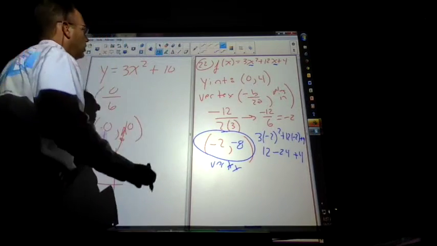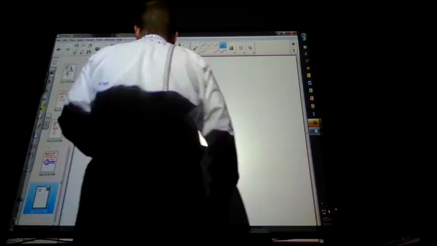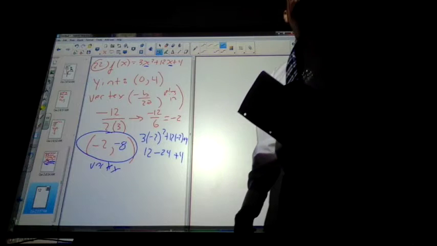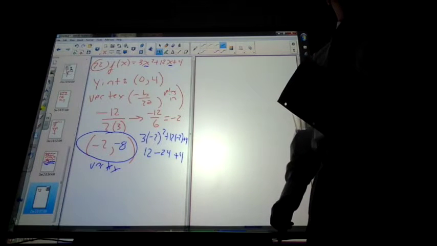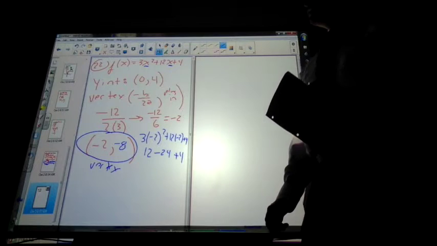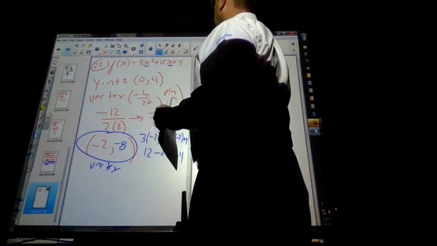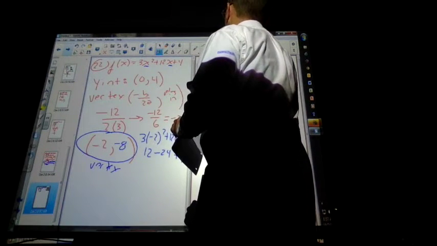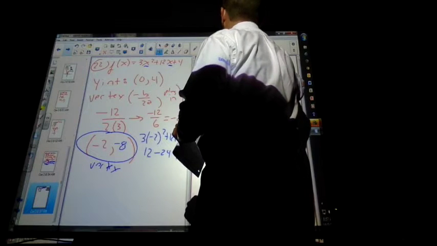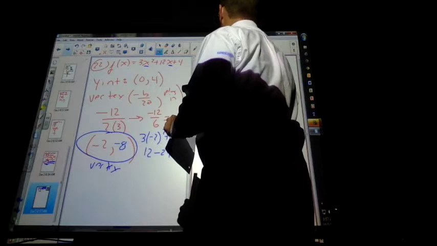Do I have enough information to solve where it crosses the x-axis? I could. What formula is going to work best? Quadratic? x is equal to negative b plus or minus square root of b squared minus 4ac, all over 2a.